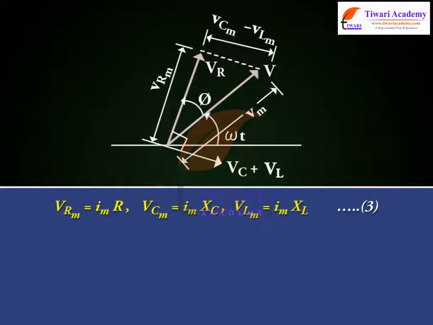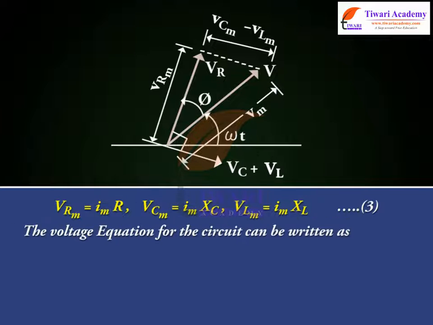VRM is equal to IMR, VCM is equal to IMXC, VLM is equal to IMXL. Equation 3. The voltage equation for the circuit can be written as VL plus VR plus VC is equal to V. Equation 4.